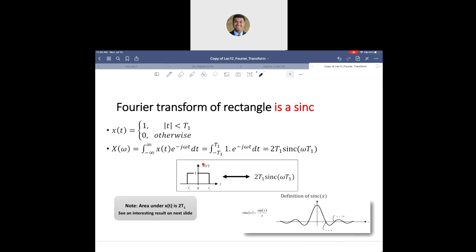We get this particular transform pair. On the left side, we have a rectangle in the time domain. On the right side, we have X of omega, 2t1 sinc omega t1, where t1 is this. Now, note this. The area under x of t is 2t1. Is that right? This area.